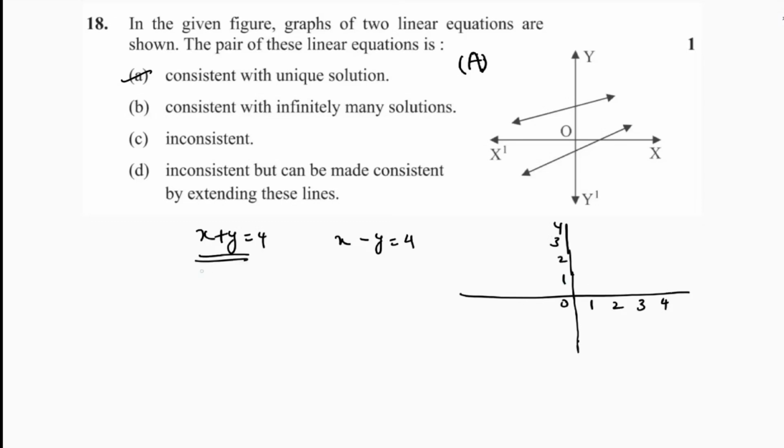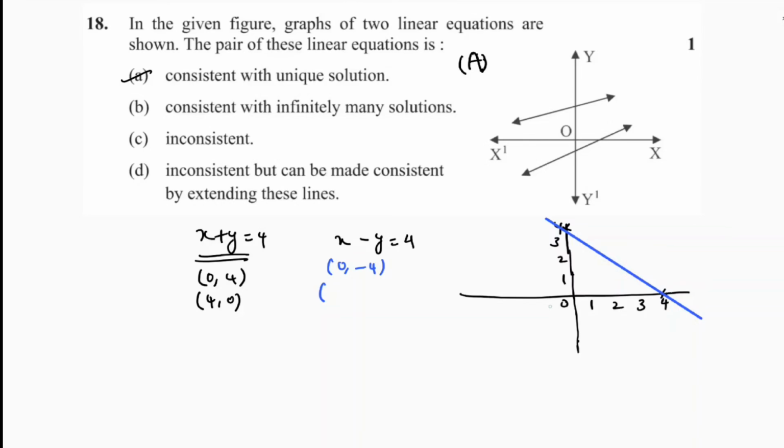See the first line: if x is 0, y is 4. If x is 4, y is 0. So these are the 2 points, and you'll get a line like this one. And for the second one, x is 0, then y is minus 4.